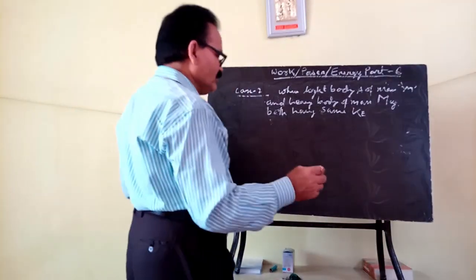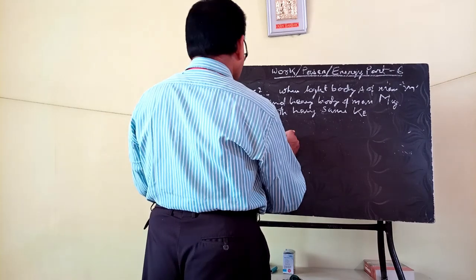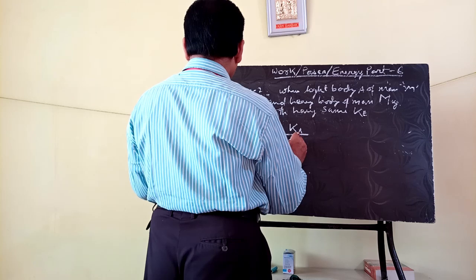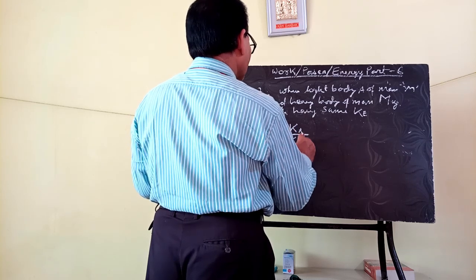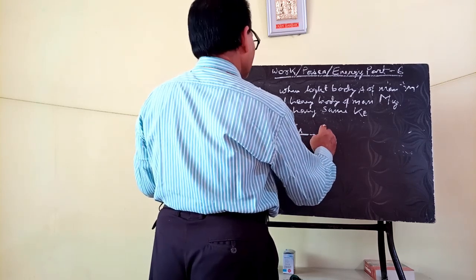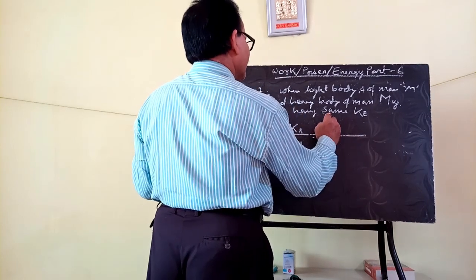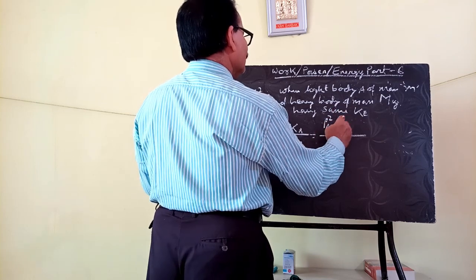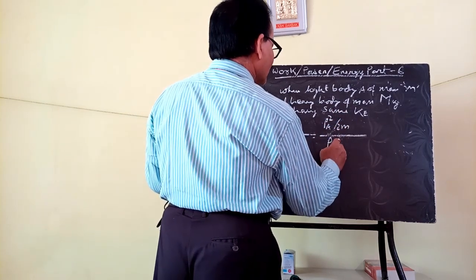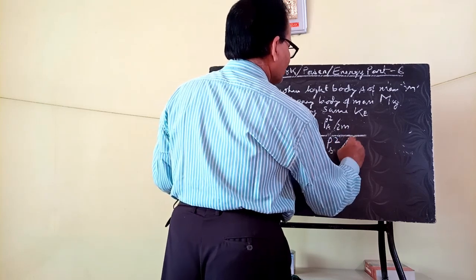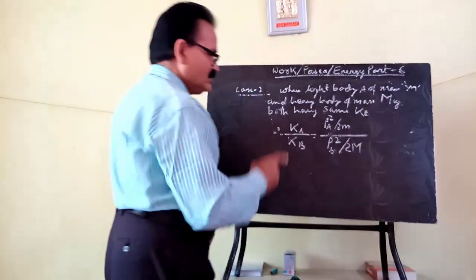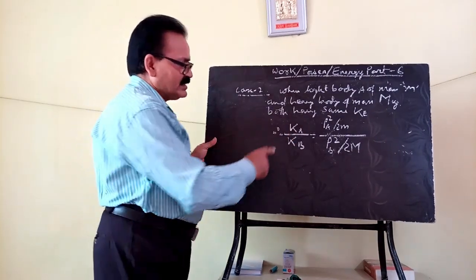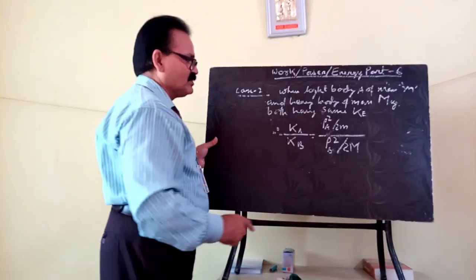So as we know the relation between your kinetic energy, therefore kinetic energy of A by kinetic energy of your B will be equal to momentum of your A square by 2m and momentum of B square by 2 capital M. This is the relation that we had already derived, the ratio of your kinetic energy of both the bodies.